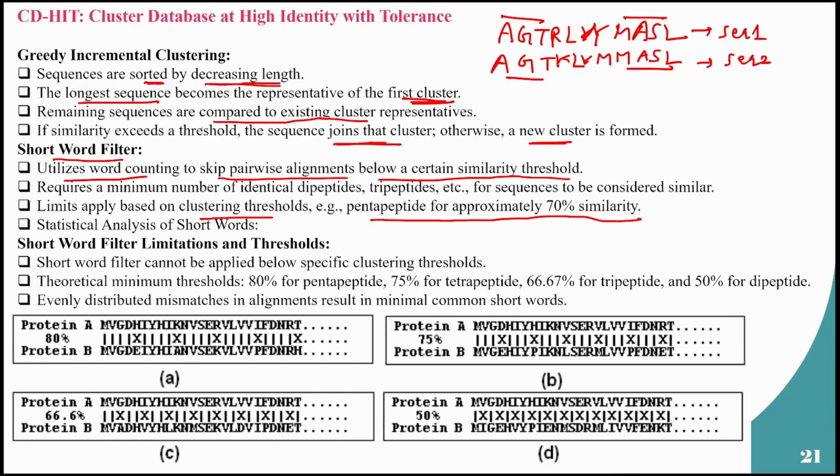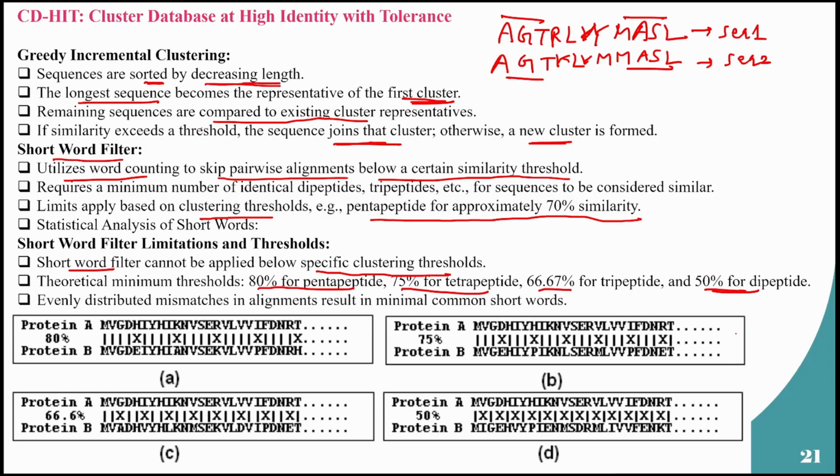If you have 70% identity between two sequences, you will again find a certain number of this particular character match between those sequences, right? Based on that, the algorithm operates, and there are certain limitations here as well. For example, here it says that below a specific threshold, you cannot apply a short word filter. And what are those thresholds? For example, 80% for pentapeptide, 75% for tetrapeptide, 66% for tripeptide, and so on.